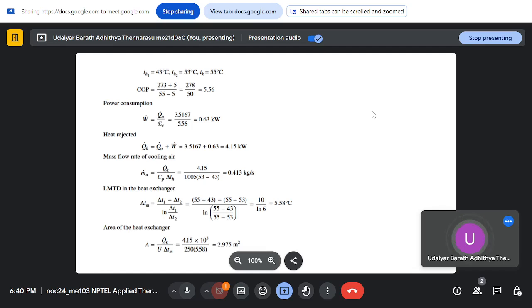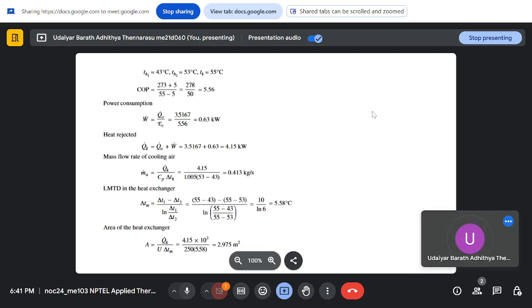For that I need to find out the LMTD. Assuming the condenser temperature is constant at 55, and the air inlet is at 43 and outlet is 53, we can find out the LMTD, which uses the temperature difference at either end: 55 minus 43 and 55 minus 53.